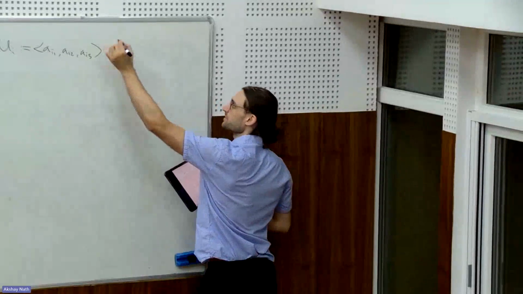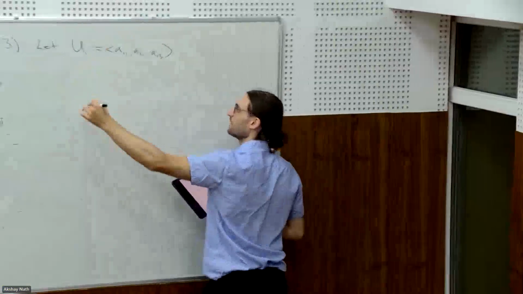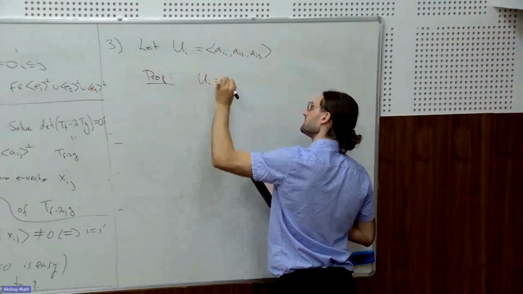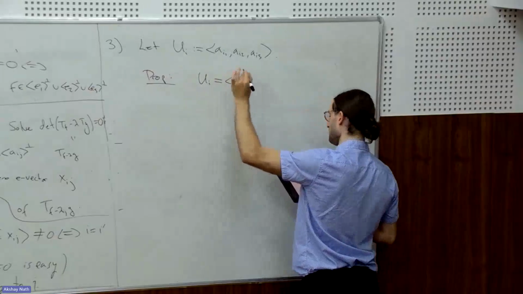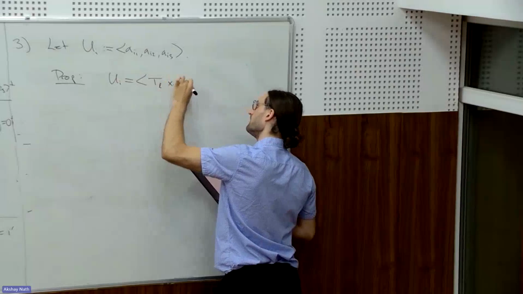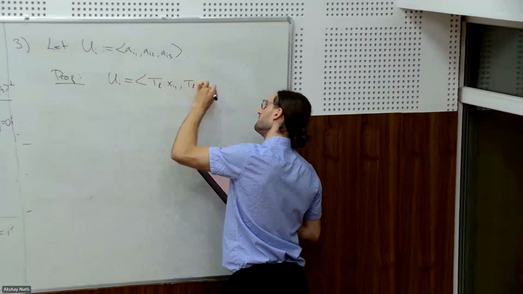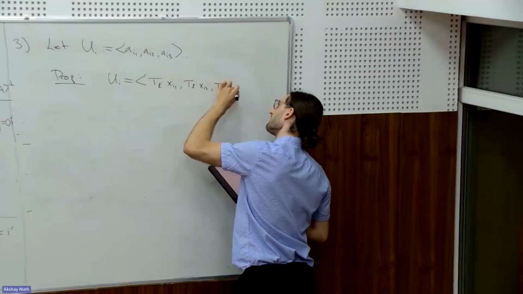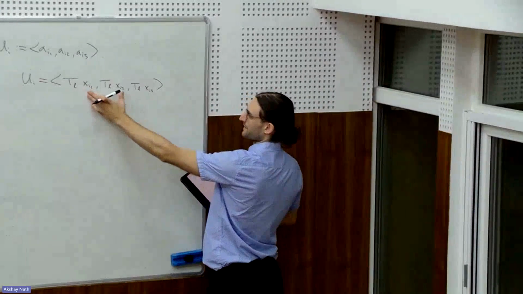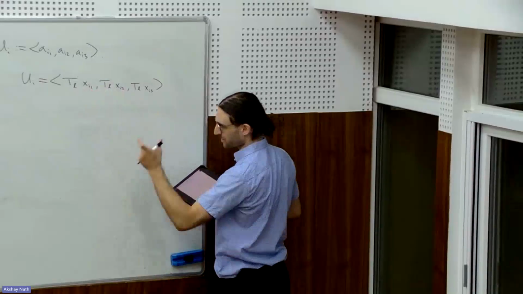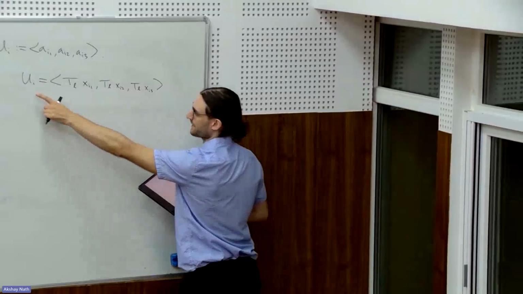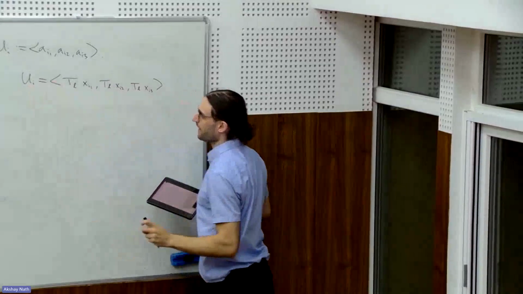Because actually the proposition is that UI equals the span of TL xi1, TL xi2, TL xi3. So since I've broken up my eigenvectors into triples, I can just apply TL to that triple, and it turns out I actually get a basis for the space UI.